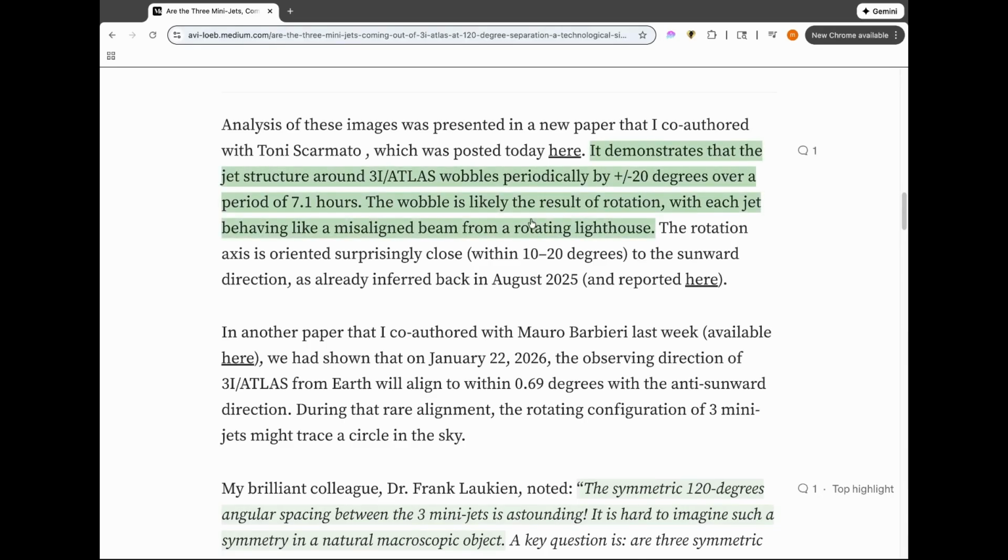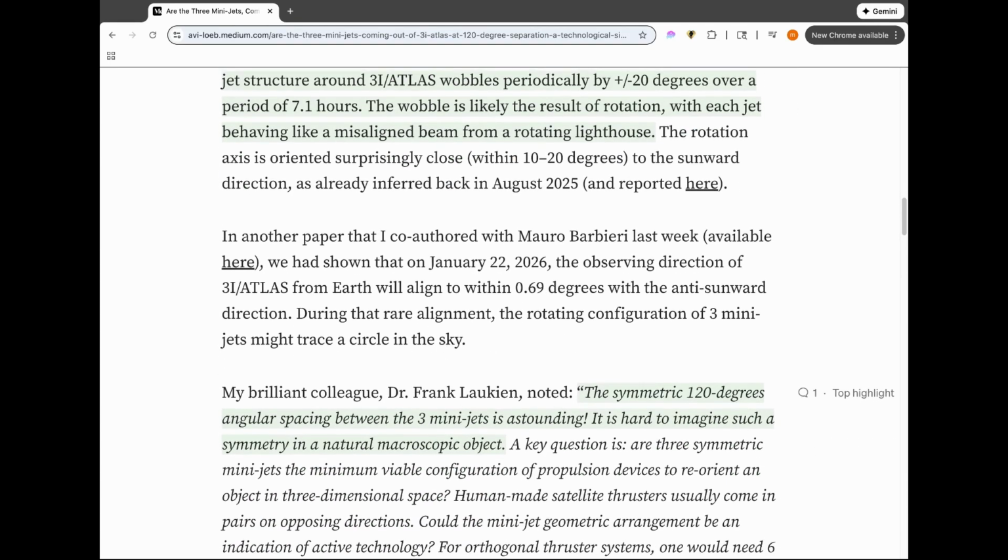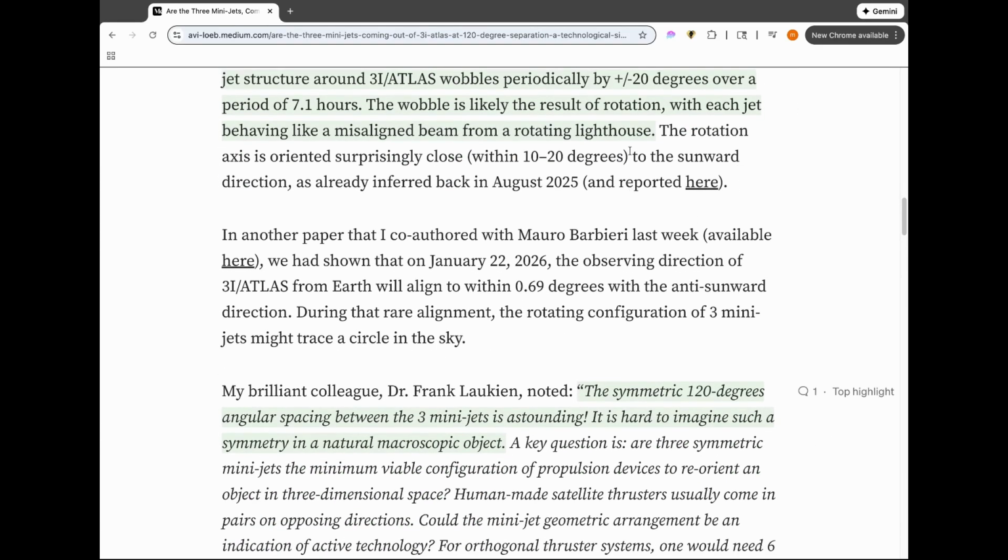The wobble is likely the result of rotation, with each jet behaving like a misaligned beam from a rotating lighthouse. The rotation axis is oriented surprisingly close, within 10 to 20 degrees of the sunward direction, as already inferred back in August. So it's kind of like this, and here's the sun. It's facing the sun almost.